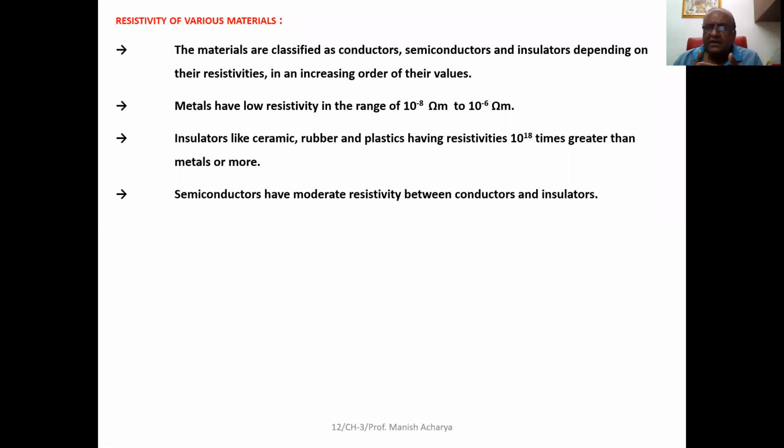The materials are classified as conductors, semiconductors, and insulators, depending on their resistivities. Conductors are such materials which have very low resistivity. The resistivity of conductors is in the range of 10 raised to minus 8 ohm meter to 10 raised to minus 6 ohm meter.